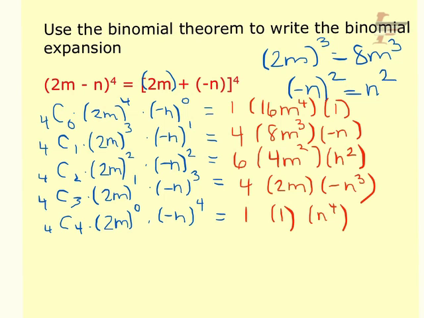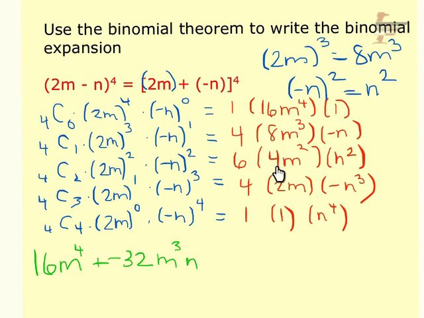Okay, now I thought I'd do my last simplifying. So this will be 1 times 16 times 1, which is just 16m to the 4th, and I'm going to add my pieces together. So 4 times 8 is 32, times a negative would be negative 32. So make sure you don't disregard that, and that's m cubed n.